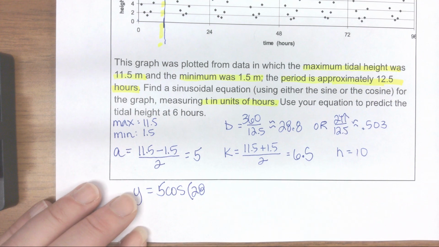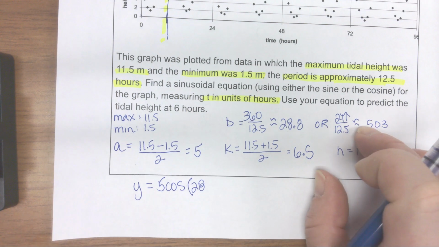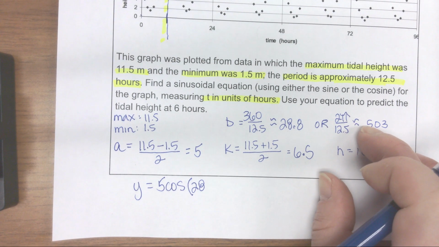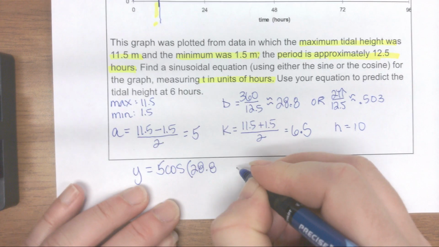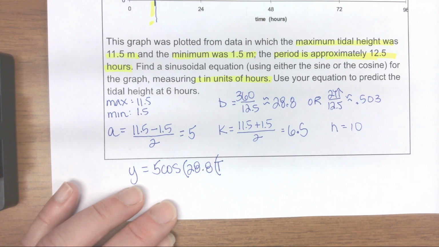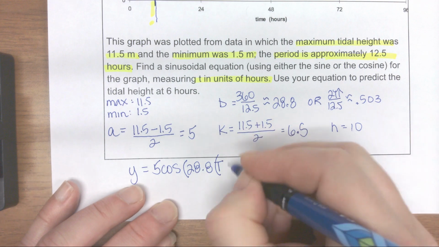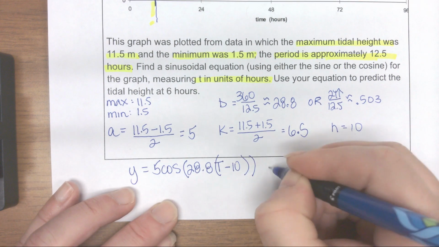I'll just make sure if I'm using 28.8 that my calculator is in degree mode. If I wanted to use radians, then my calculator would be in radian mode. That's the only difference. Okay, so 28.8 T. And we want to put a parentheses there because we're going to do our phase shift of 10 units to the right. And then our vertical shift was plus 6.5.